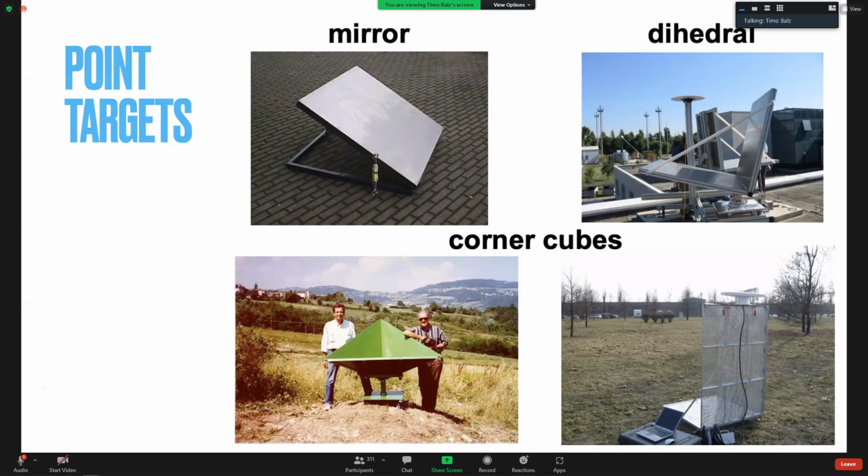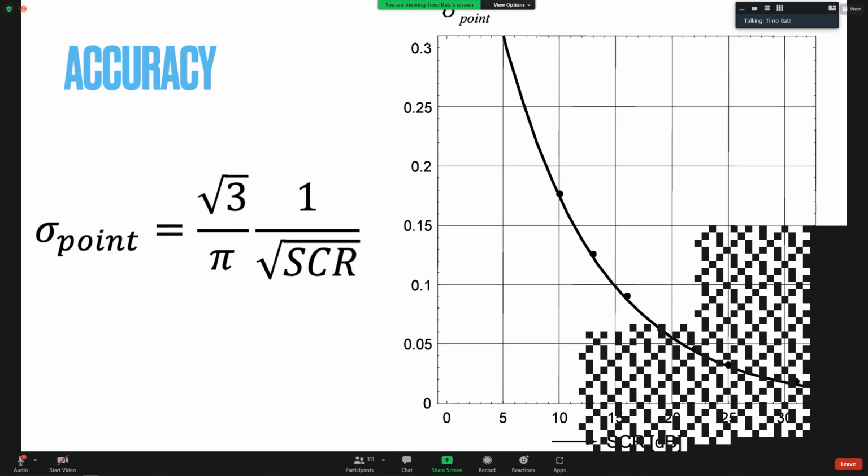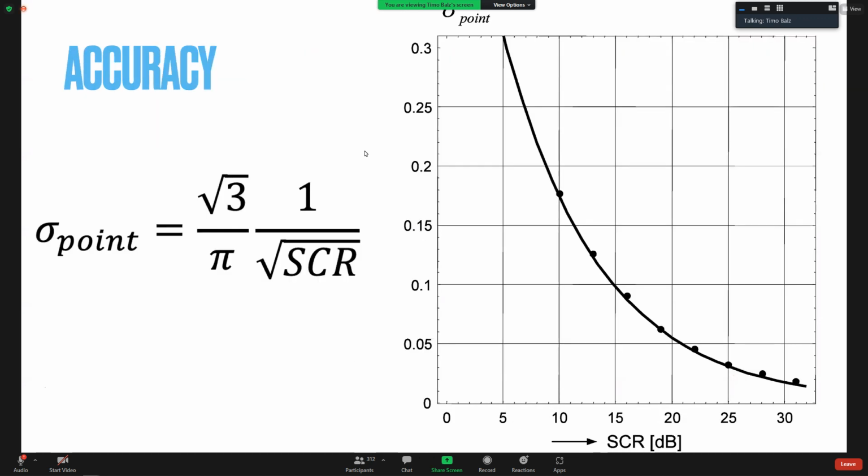If we don't have speckle effect, we can get even higher accuracy. In the case of point targets, it depends on the signal to clutter ratio of the point target. If that one is very high, if you have a very strong target to a weak background, we can get accuracies much better than 0.1 pixel, even better than 0.05 pixel with very bright, very strong targets.